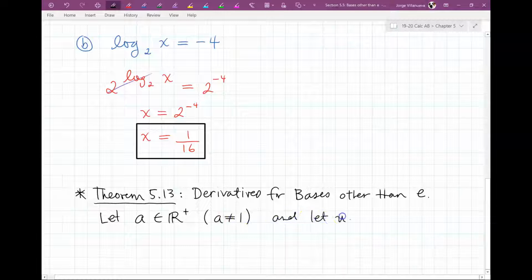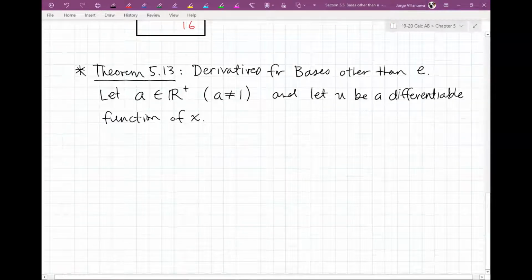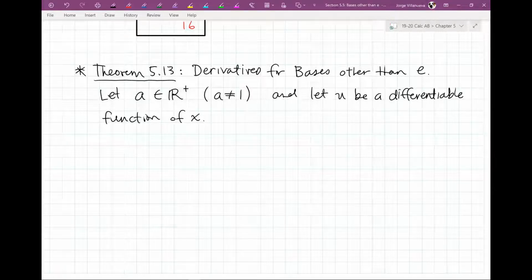And let u be a differentiable function of x. So whenever you see the term a, that's just some positive real number. It could be a fraction or decimals. Just can't be 1. And then let u be a differentiable function of x.